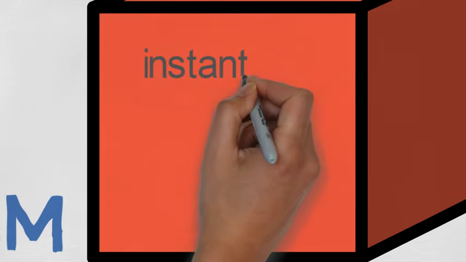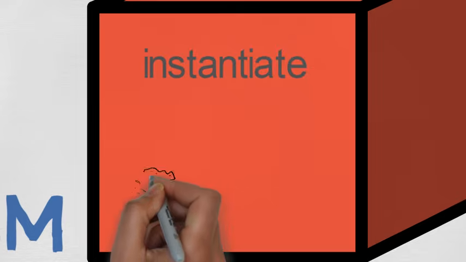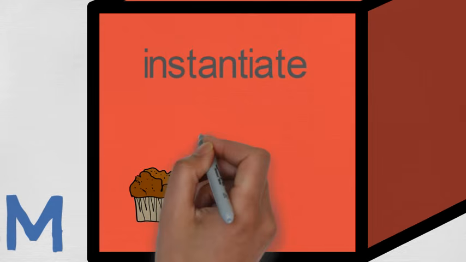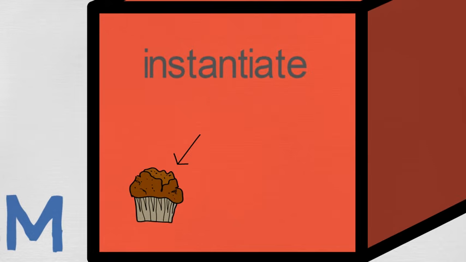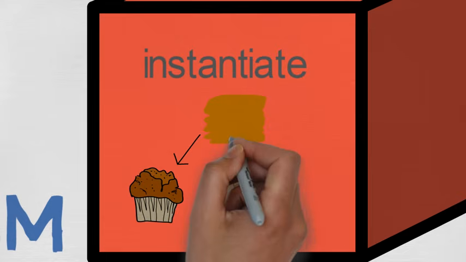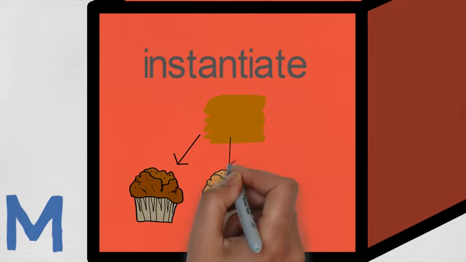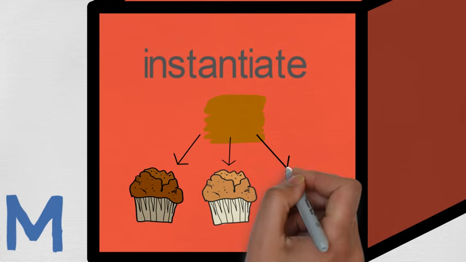So, for example, the muffin instantiates the universal brownness, and it also instantiates the universal muffinness. The universal muffinness, being a muffin, is instantiated by all of the muffins, whereas the universal brownness, being brown, is only instantiated by some of the particular muffins and to differing degrees. So some of the muffins are browner and therefore instantiate brownness better than other muffins, which are less brown or not brown at all.